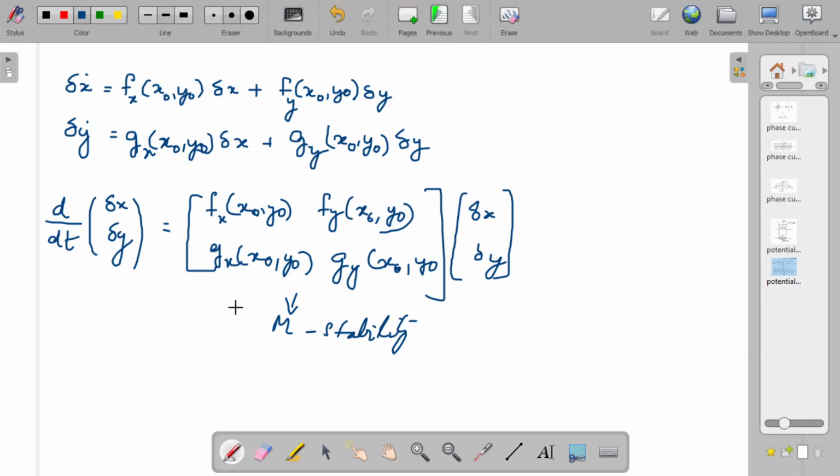And if I solve this, this is an eigenvalue equation. I can write this as M x is equal to lambda x. So this is similar to an eigenvalue equation. And while solving this, let me say that lambda 1 and lambda 2 be the two eigenvalues of this matrix M, and the corresponding eigenvectors are d1 and d2.